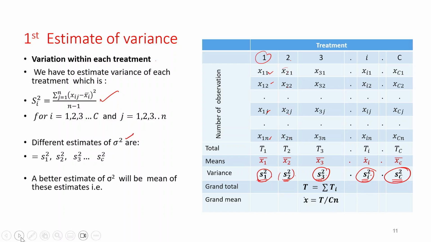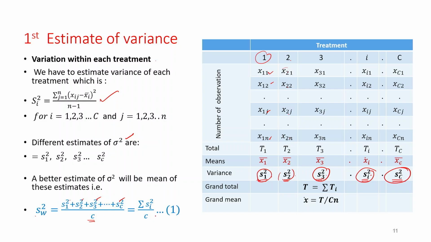Therefore the better estimate is that we combine them together and find the average variance. All those variances are added and divided by C, where C is the number of variances we have.